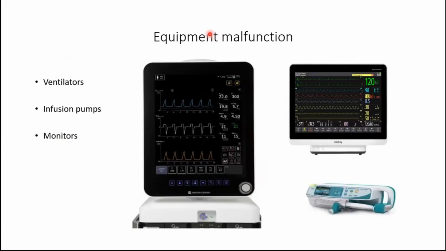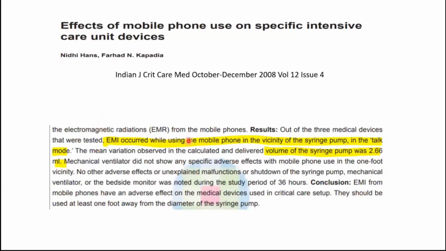Again, they compared these three devices only: ventilators, infusion pumps, and monitors. They showed that EMI occurred while using a mobile phone in the vicinity of an infusion pump, and the mean variation in delivered volume by the syringe pump was around 2.66 ml.